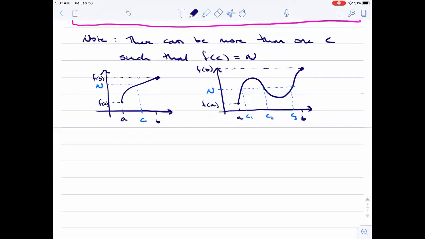So here we've shown that f of c1 equals n, f of c2 equals n, and f of c3 also equals n. So we found more than one point that yields an n, so that can happen too.